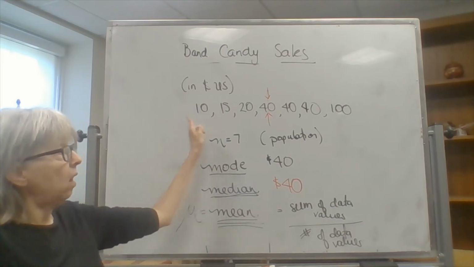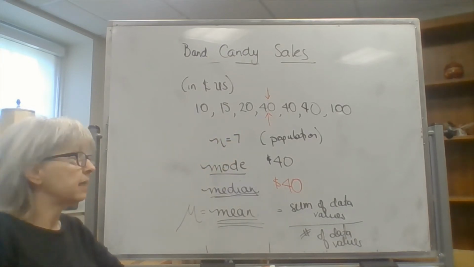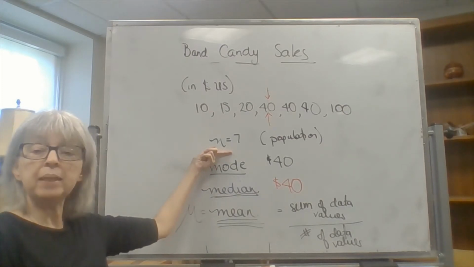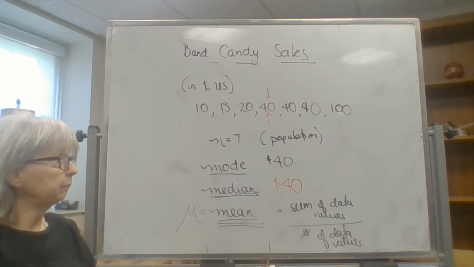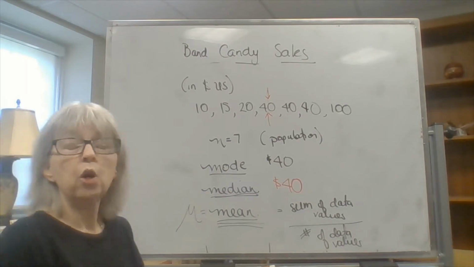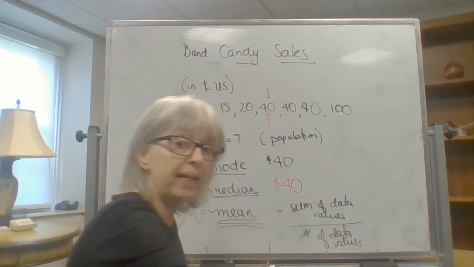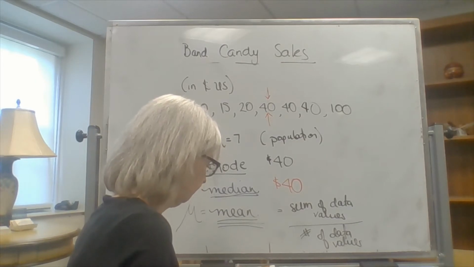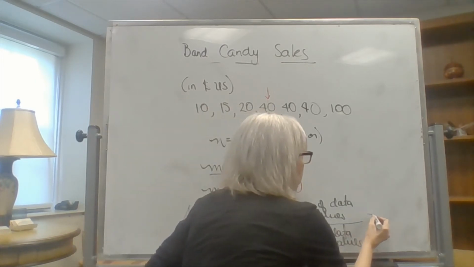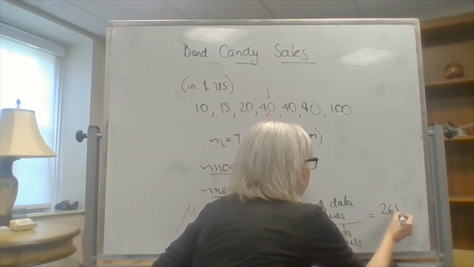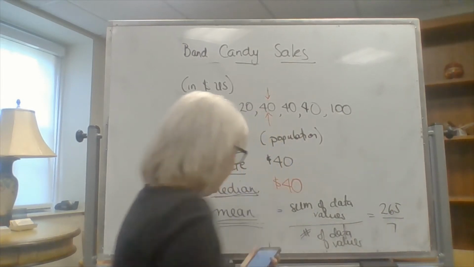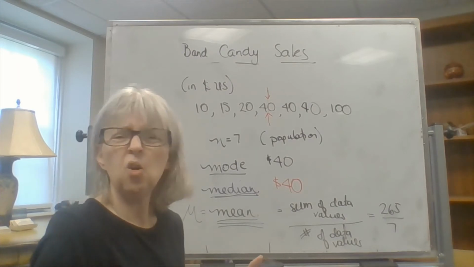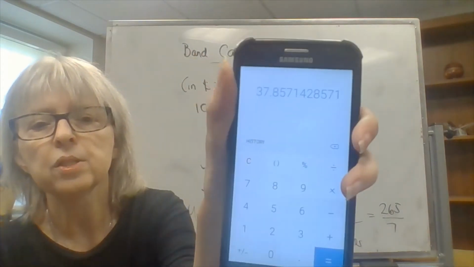So I need to take all of my numbers in my data set, add them all up, and then divide by how many data values I see. So I've added them up already and gotten 265. And I divide that by 7.